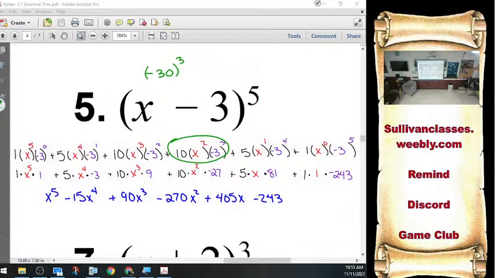But what happens if that's where I'll really see kids screw up is it's 10 times 2x squared times negative 3 to the 3rd. I will see kids year after year after year say 20 squared is 400, 400 times negative 27.